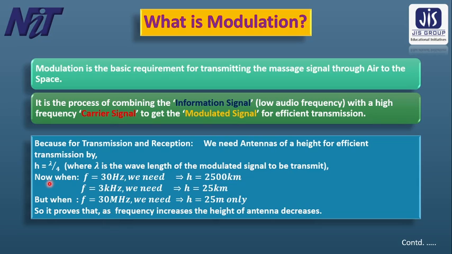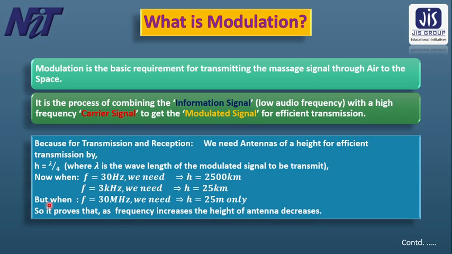Now assume the modulation frequency is 30 Hz. By this formula we will need at least 2500 km of antenna height. But if we increase our modulation frequency to 3 kHz, then we need a 25 km height antenna.